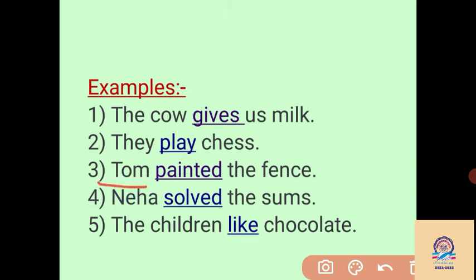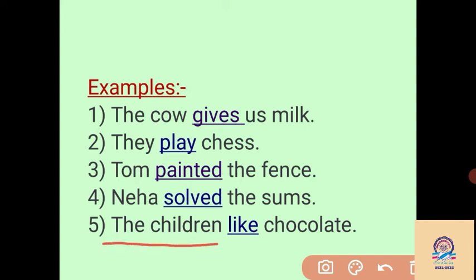Then Tom. Tom is a subject, it means a noun, and painted. Painted becomes the verb. So, Tom painted the fence. We find painted is a verb here. Then Neha. Neha is a noun and Neha solved the sum. So we know that Neha is doing something, Neha is solving something. Then children.